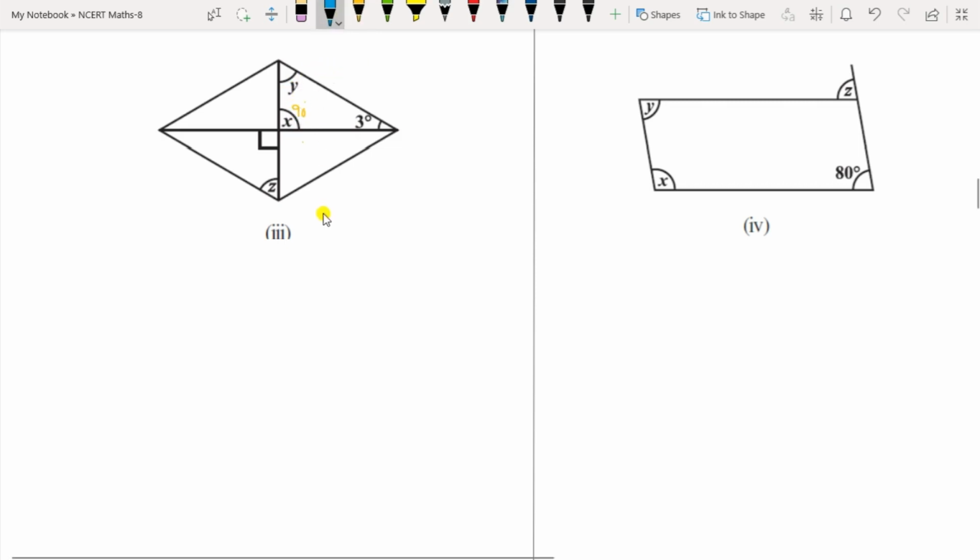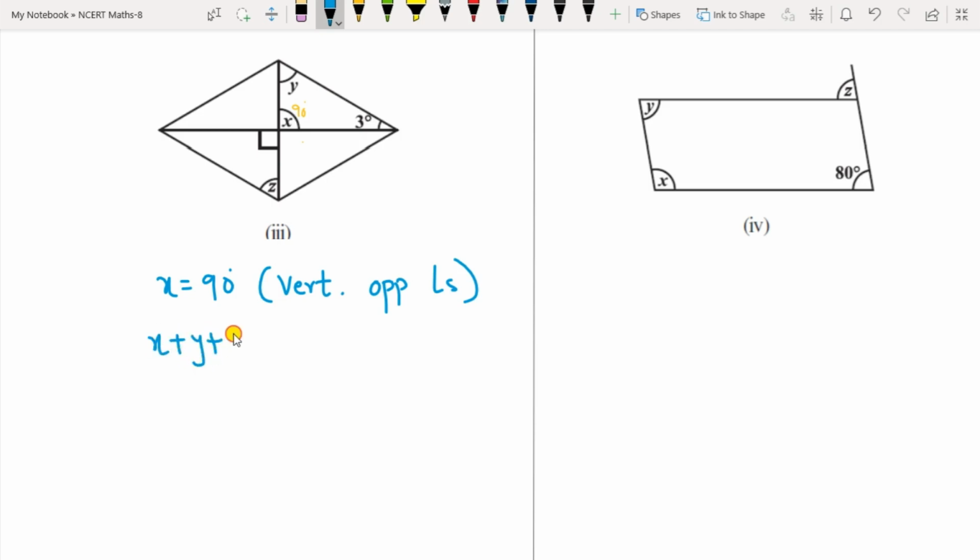So let us start. Here x will be equal to 90, that is vertically opposite angles. So you got x. Then in that triangle, x plus y plus 30 equal to 180. x is 90, plus y plus 30 equal to 180.